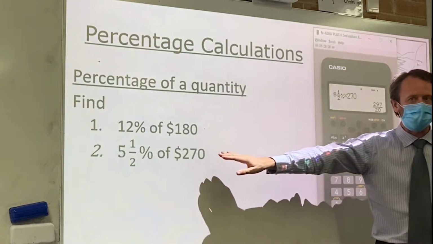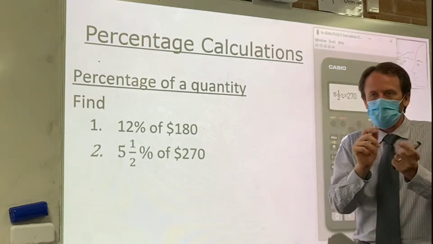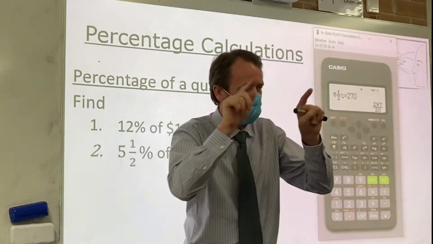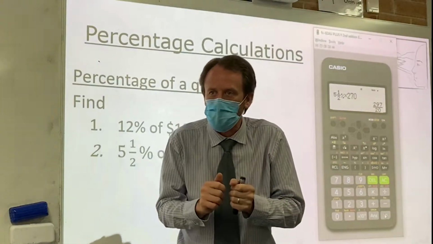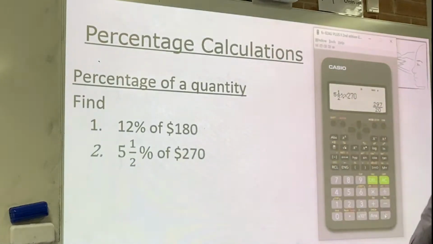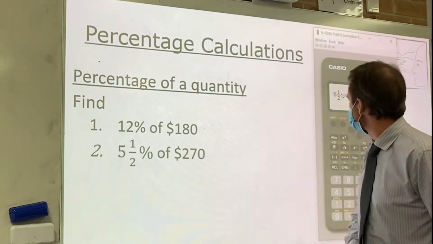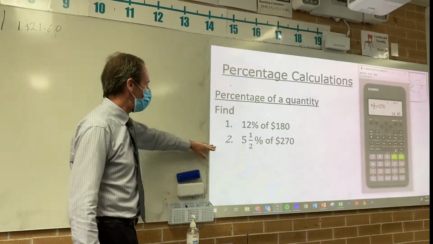Okay, now it gives it to me as a fraction, 297 over 20. But if I'm dealing with dollars, I don't know about you, in the old days we used to use these things called dollar notes. If I'm going to give somebody 297 over 20 notes, I don't know what that is. I need to convert it to a decimal. And that's where these calculators are so powerful. You just press the S to D button, $14.85. Now I've done an estimate in my head.